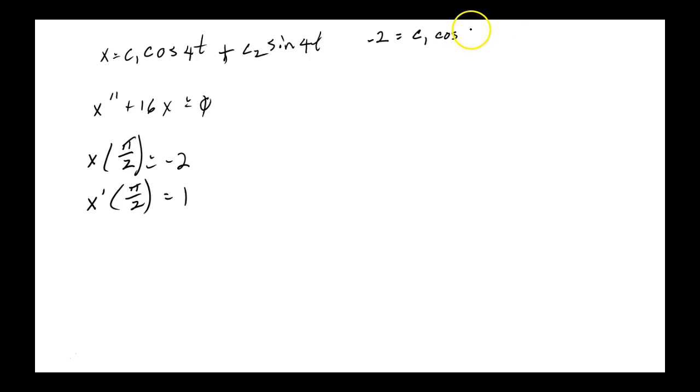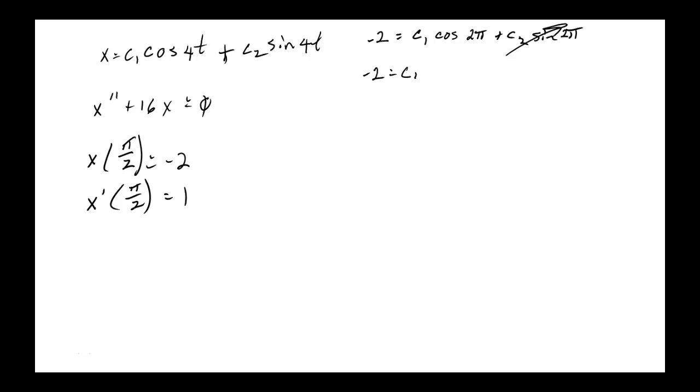And what's 4 times pi halves? 2 pi, plus C2 times the sine of 2 pi. Okay? What's the sine of 2 pi? 0. So that one we don't get anything from, but we do get here that -2 is equal to C1 times the cosine of 2 pi. And what's the cosine of 2 pi? 1. So C1 is equal to -2.